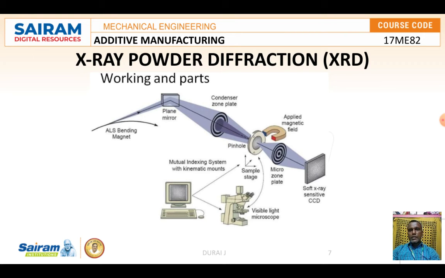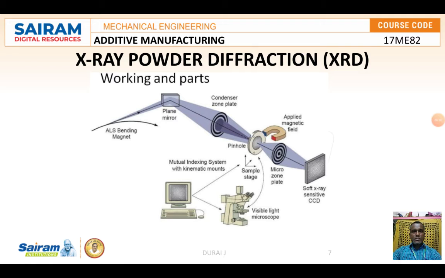Conversion of the diffraction peaks to d-spacing allows identification of the mineral, because each mineral has a set of unique d-spacings. This is achieved by comparison of d-spacings with standard reference patterns.